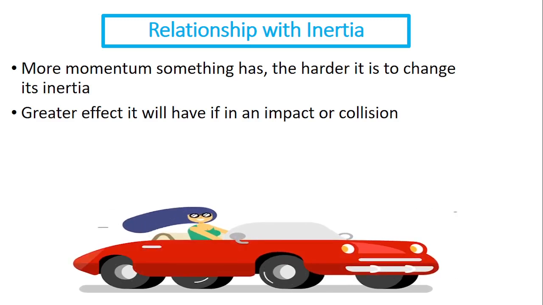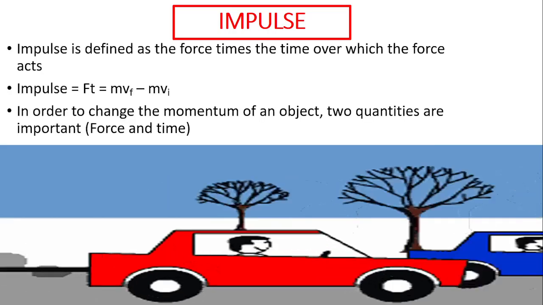So it's very hard to change the motion of an object when it is moving at a high speed and when it has a larger mass. You get that now? Evaristo? Oh, clear, sir. Thank you so much. You're welcome.